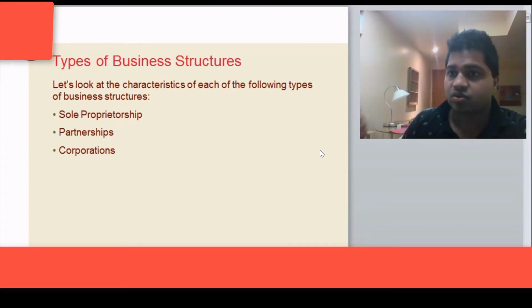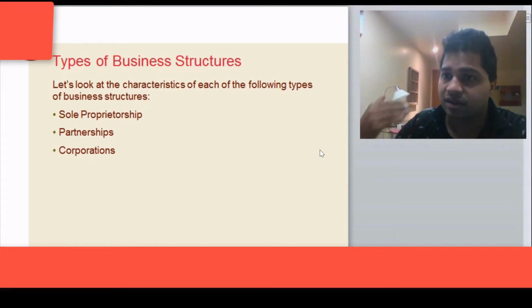Limited partners only come in as an investor, so they are only responsible for the amount of investment that they put in. For example, if you watch Dragon's Den or Shark Tank, whenever Mark Cuban or Kevin, or in the Canadian one, let's say Manjeet, is investing in businesses, they come in as a limited partner.